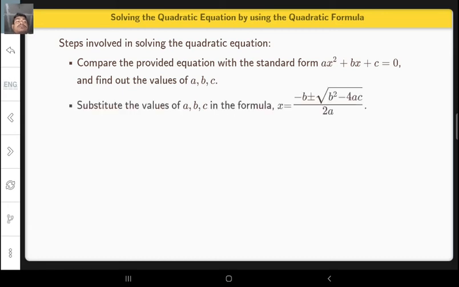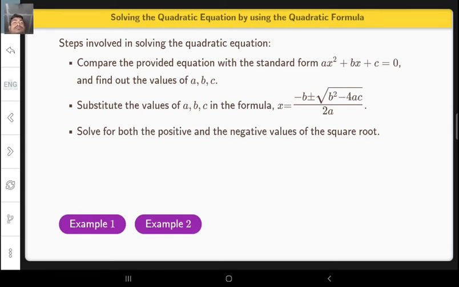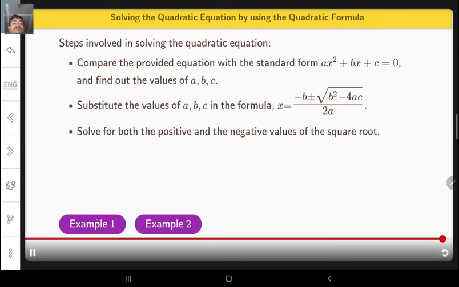Substitute the values of a, b, c in the formula x is equal to negative b plus minus square root b square minus 4ac upon 2a. Solve for both the positive and the negative values of the square root. Tap the buttons to understand this better with more examples.